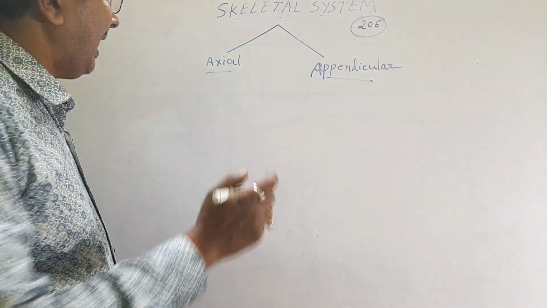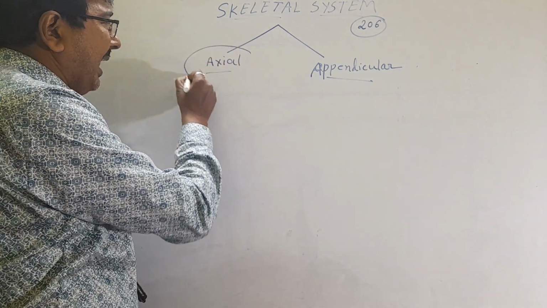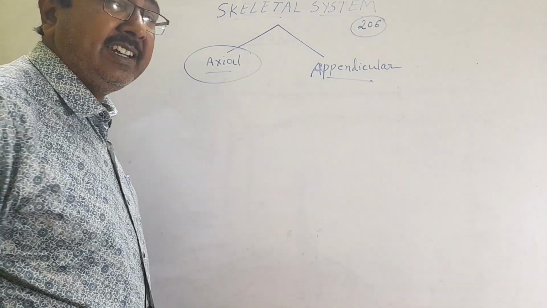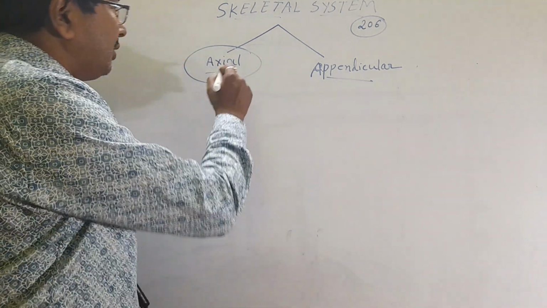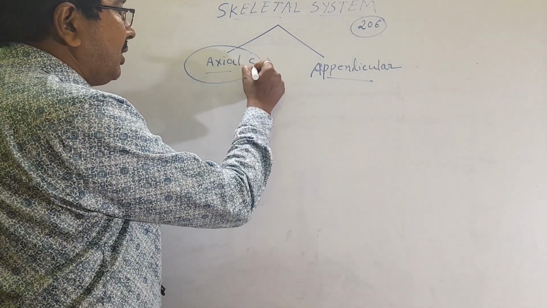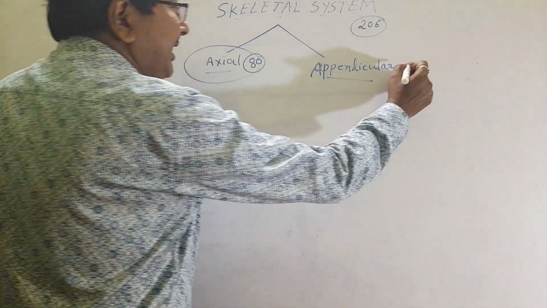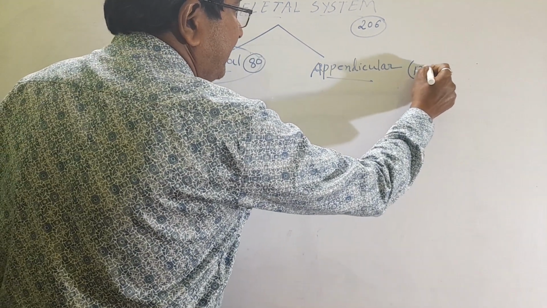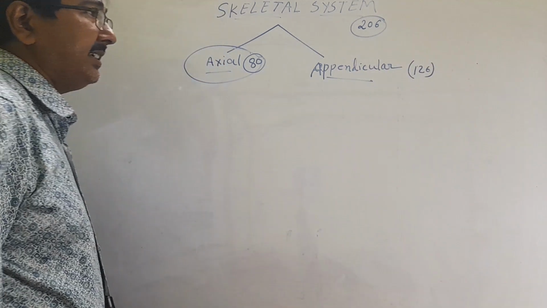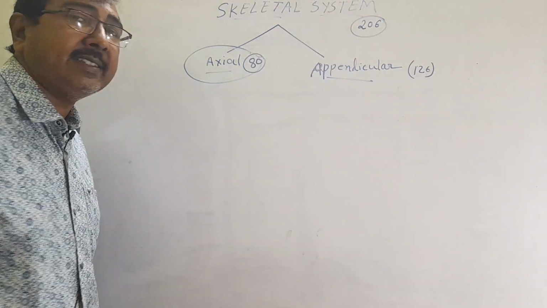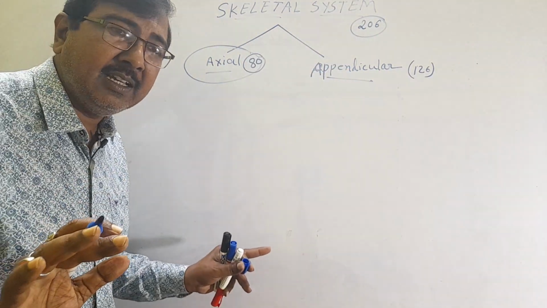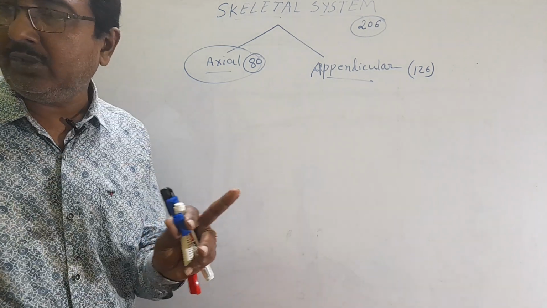Today I will only discuss the axial skeleton in detail. So how many bones are there? A total of 80 bones are there in the axial skeleton, and 126 bones are present in the appendicular skeleton. So a total of 206 bones. Understood, all of you?